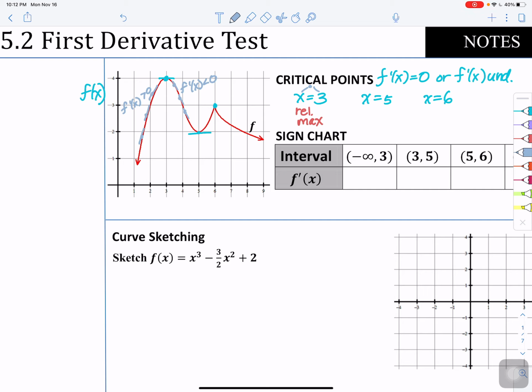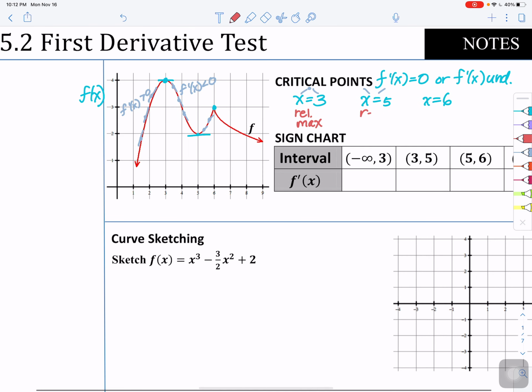Of course, on this question, we can just look at the graph. Okay, let's go ahead and look at x equal to 5. We said to the left, the derivative was negative, and if you look to the right of that point, the derivative is positive. So we have a relative minimum at x equal to 5.